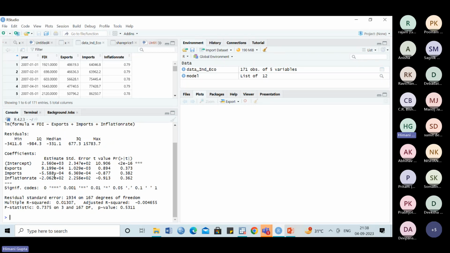These are the estimates, and this is your p-value. Since the p-value is not less than 0.05, whatever estimates I have taken are not explaining the FDI. If I want to see why the FDI is increasing or decreasing, what the various factors are through which FDI is being impacted, I have taken these three variables and they are not having any impact on FDI. So I have to take some other variable.